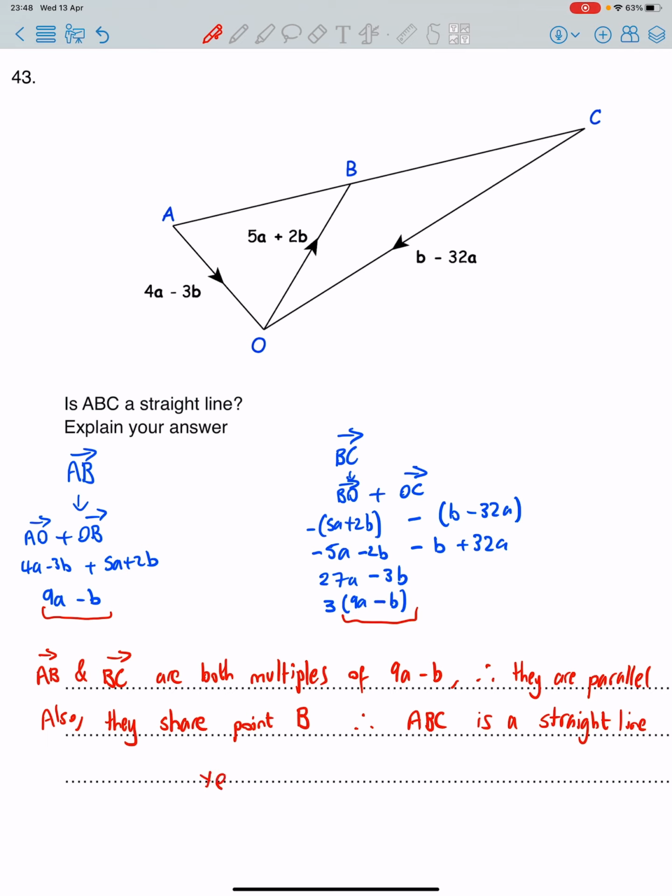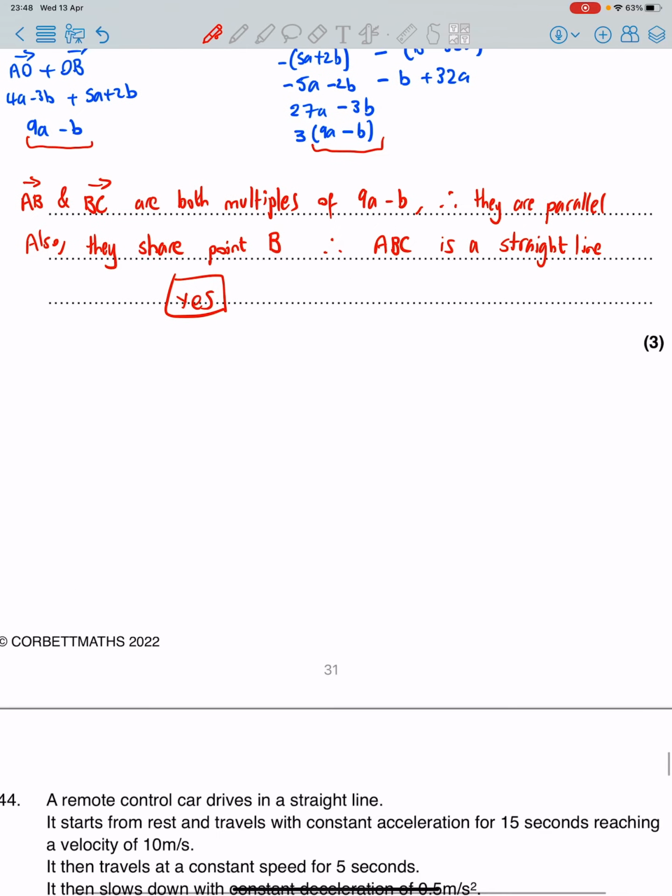So we say yes, and that is our explanation. That's our maths, and that's how it works.